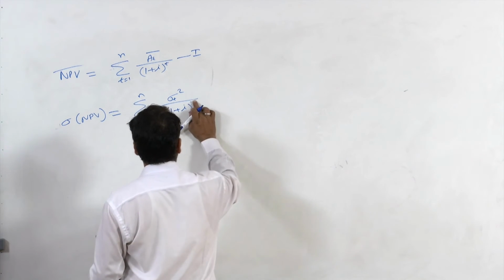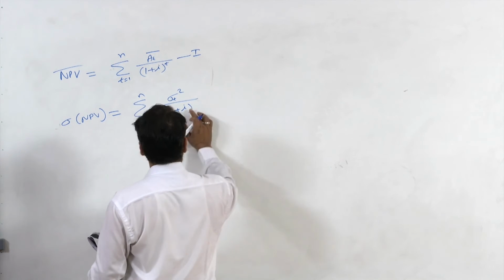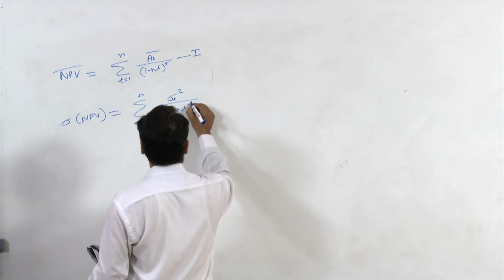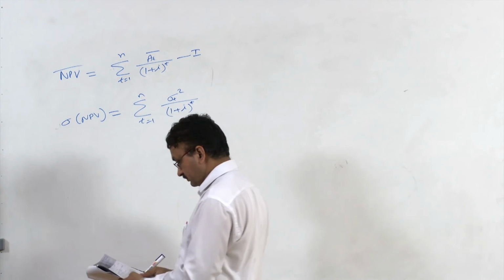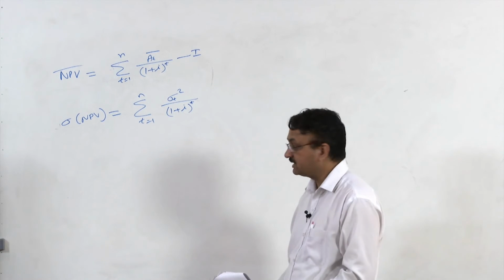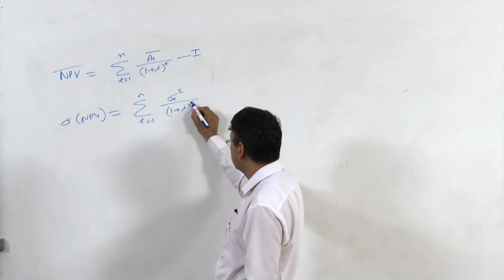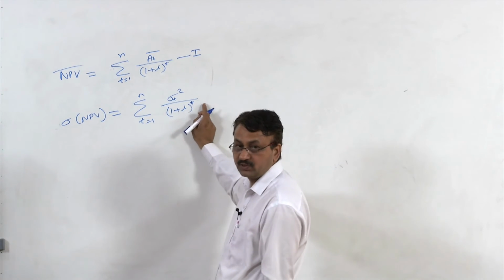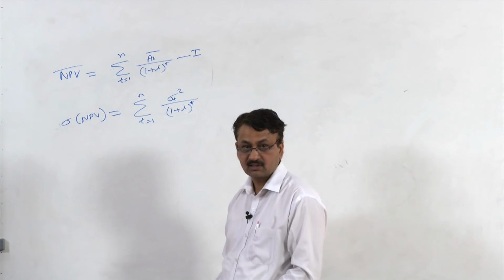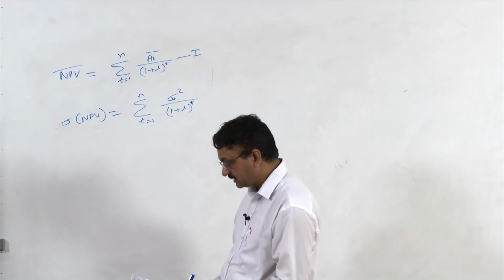This is I, right, this is t, right. So, the difference between previous formula and this formula is that this is just t, it is not 2t. In earlier formula it was 2t, right.